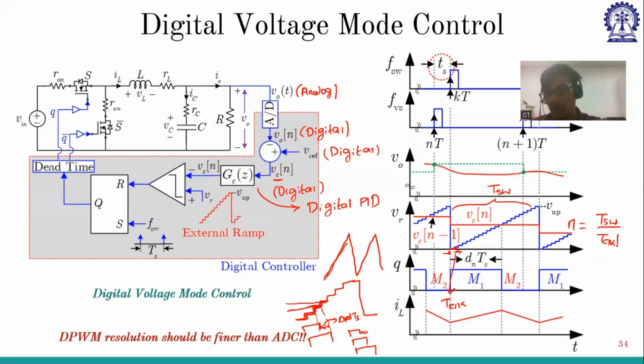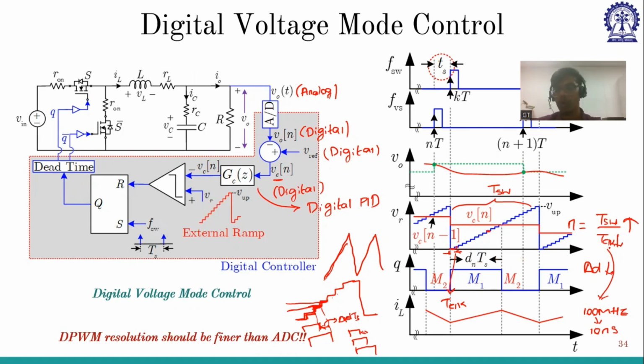If you reduce T clock, the number of jumps will increase, and delta D will decrease. Again, I cannot make T clock infinitesimal. The clock frequency that we are using in this course is 100 megahertz. That is 10 nanoseconds, so the jumps will be of 10 nanoseconds. Again, that will be reflected in the duty ratio. So duty ratio is not continuous, it is discrete. But if the clock frequency is high, the discrete jumps will be very small.